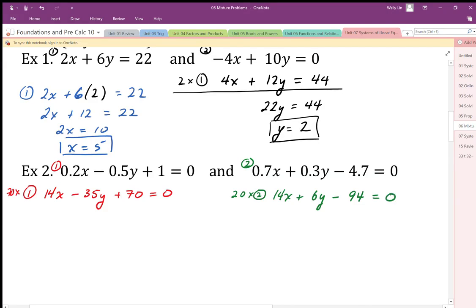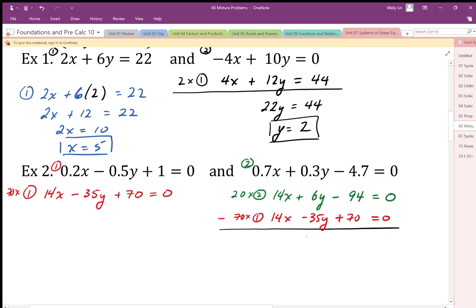equals 0. Then I can combine these two equations. Equation 1, which I multiplied by 70, I'm going to subtract. Just make sure you're careful with your negatives. Subtracting these two equations, I eliminate the x variable.